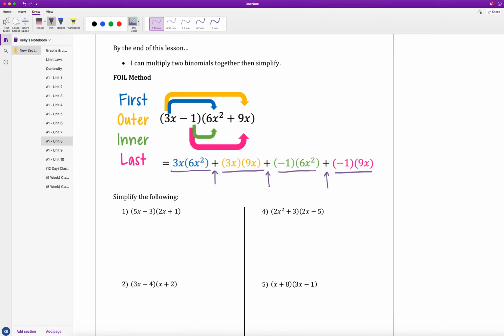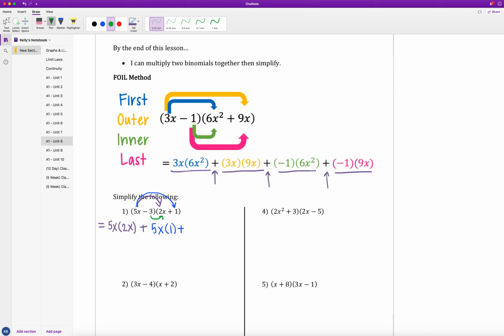It says 5x minus 3 times 2x plus 1. So using FOIL, I'm going to multiply the first terms. So I'm going to multiply 5x times 2x. I'm going to write this one out in a lot of detail for the first one. So we have 5x times 2x for my first terms, plus my outer terms is going to be 5x times +1, so plus 5x times 1, plus my inner terms is going to be -3 times 2x.